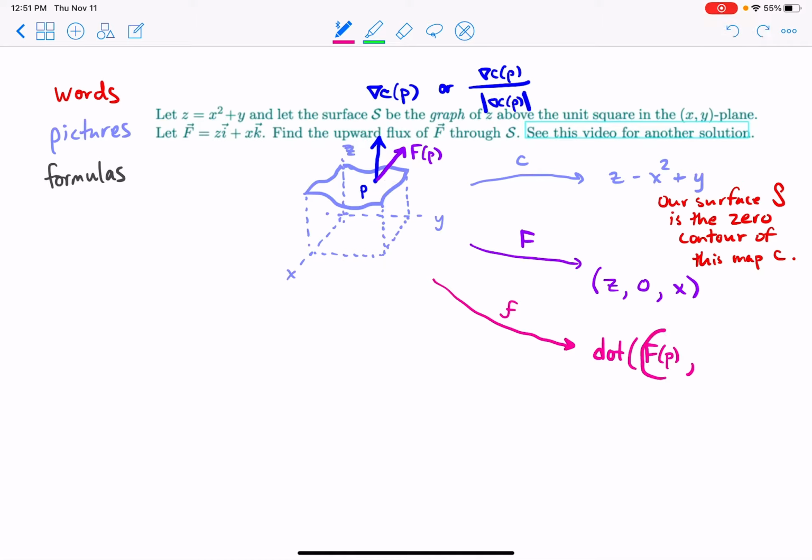So I have the vector field dot product with the unit normal. The gradient of C at P is a vector, and we just scale it down until it has unit length, so we divide by the length of whatever that vector was. You see that little f is a function. It takes a point P on the surface, and it spits out a real number.